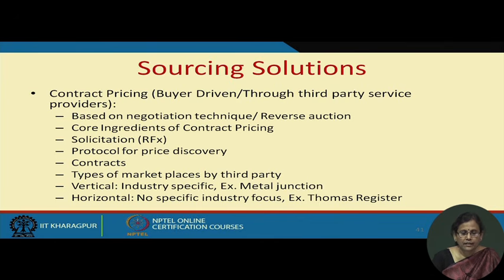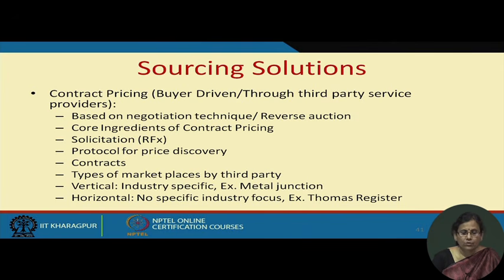The next important thing under contract pricing is solicitation. By solicitation we mean getting these RFX documents from the supplier, where this RFX can be a request for proposal, a request for quotation and so on.